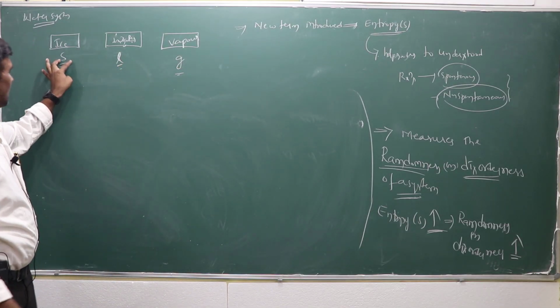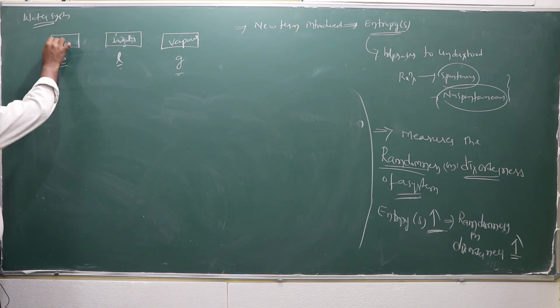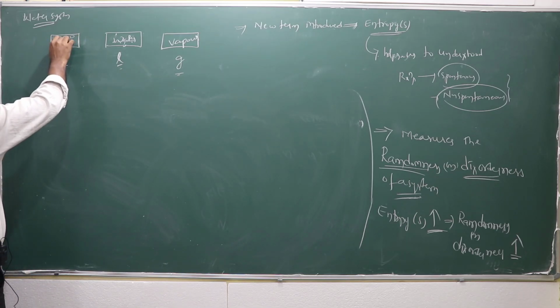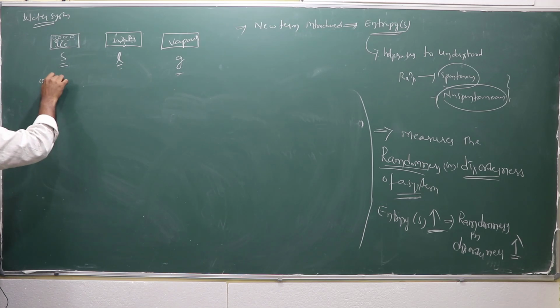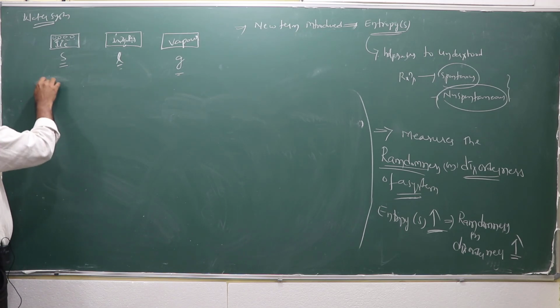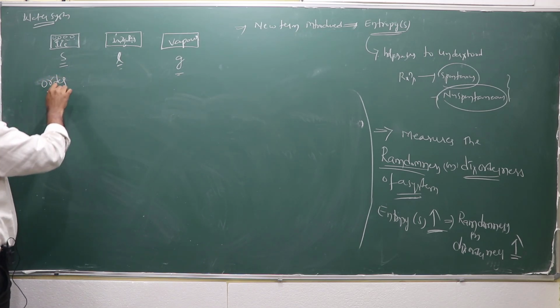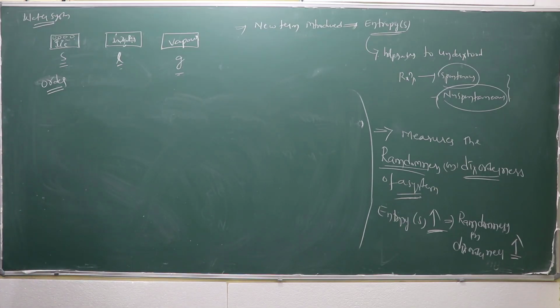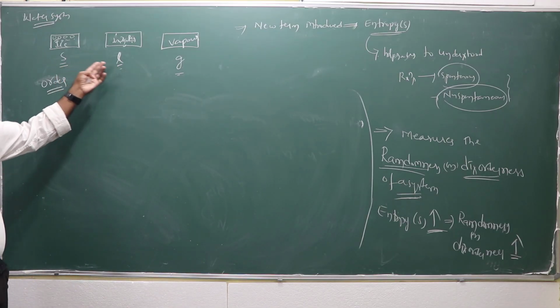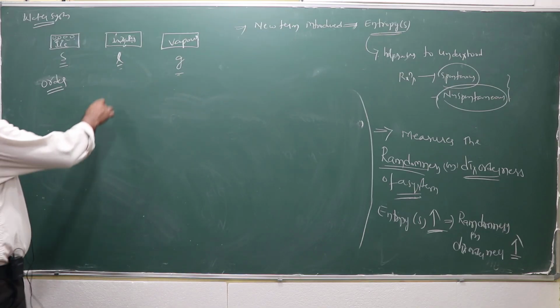Now, in solids, which arrangement of atoms is there? A well ordered arrangement is there. Compared to the solid, liquids are less ordered.